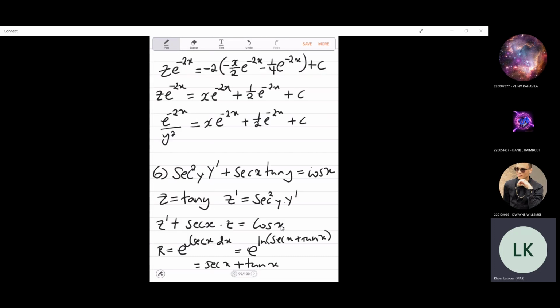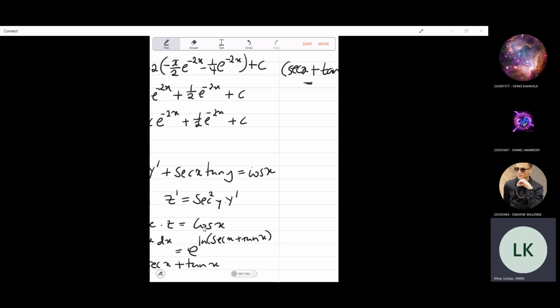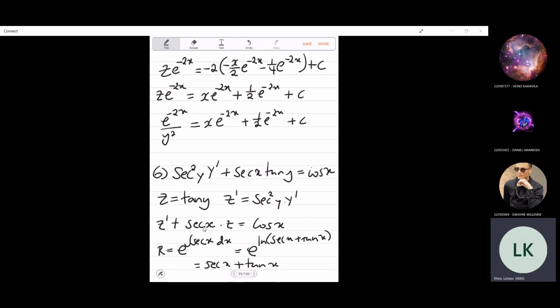So z is being multiplied, z sec x times this, so we get z (sec squared x plus sec x tan x), and then on the other side we have cos x times (sec x plus tan x).